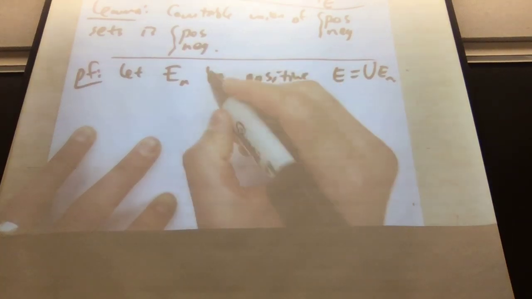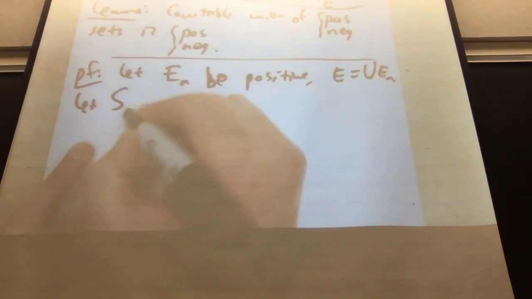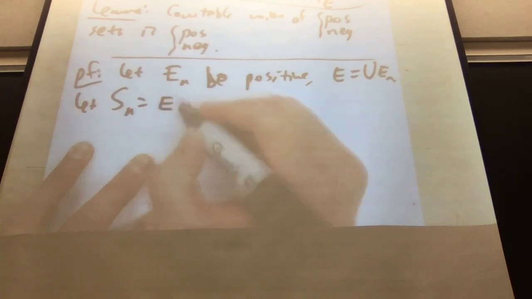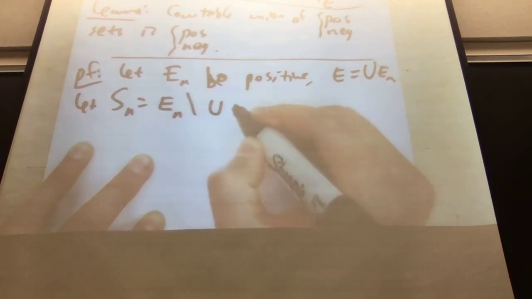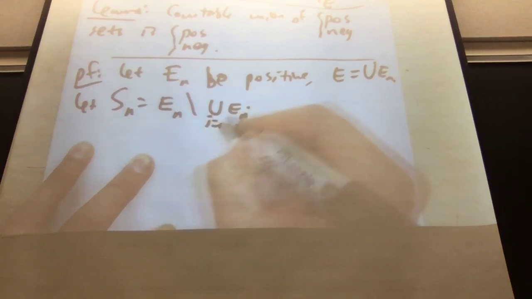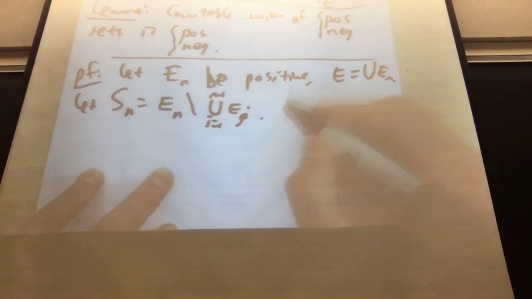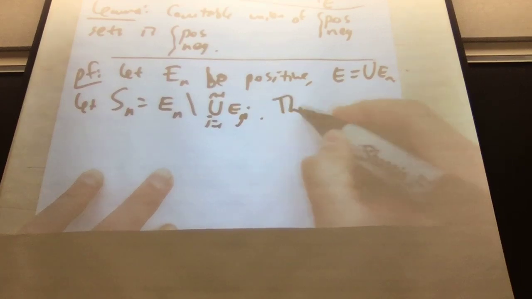Let's turn this union into a disjoint union. Let Sn be En, take away anybody who came from a previous Ej. Then Sn is of course a subset of En, and E is a disjoint union of the Sn's.